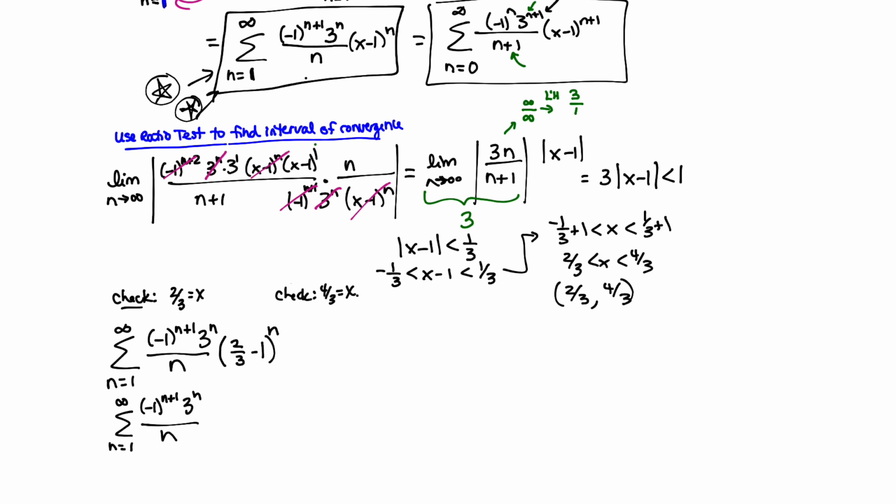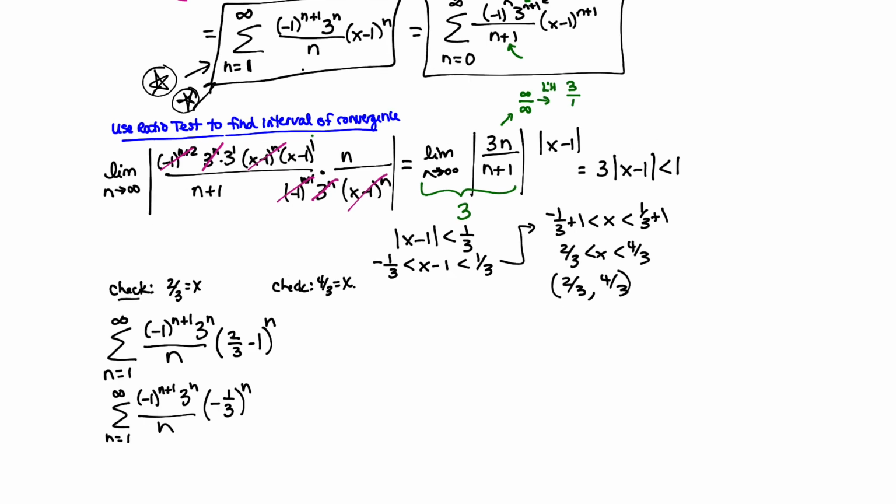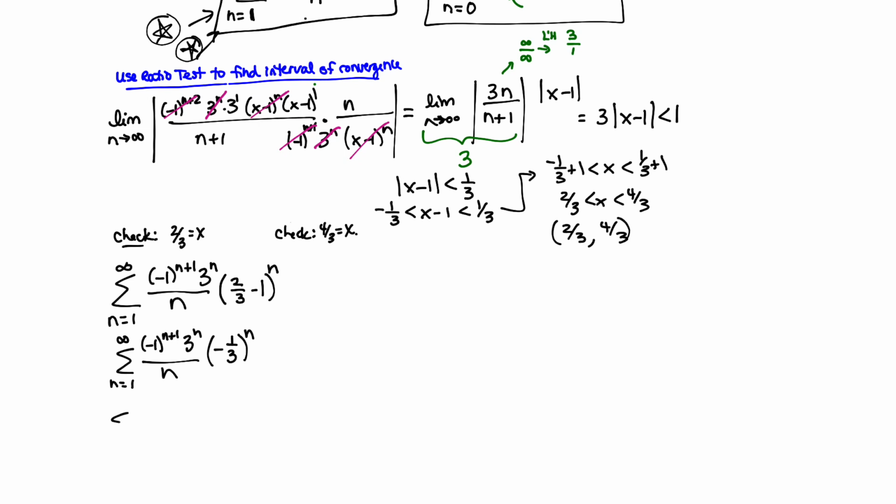This is going to give us 2/3 minus 1, which is negative 1/3 to the n. And so I'll keep my alternating out front, but I can combine that 3 to the n and the negative 1/3 to the n to get negative 3 over 3 to the n.